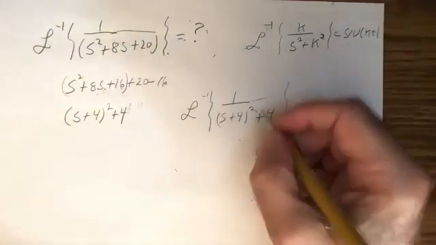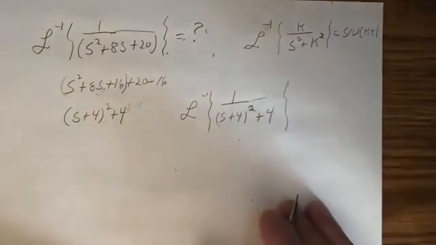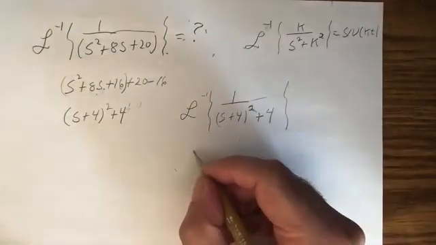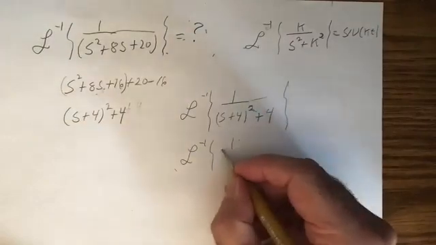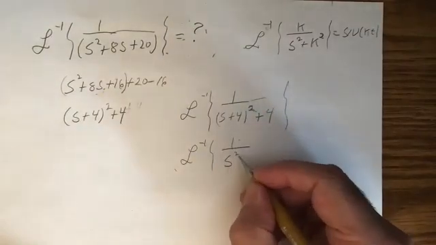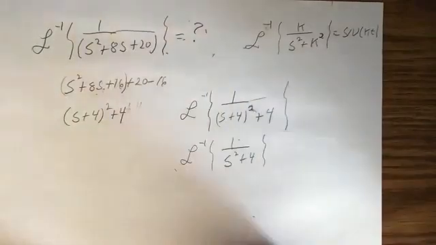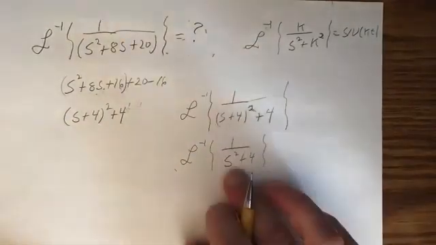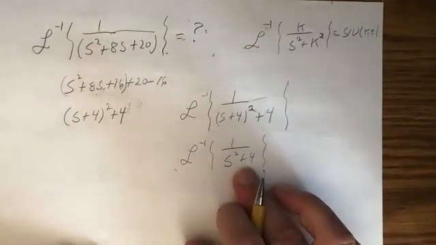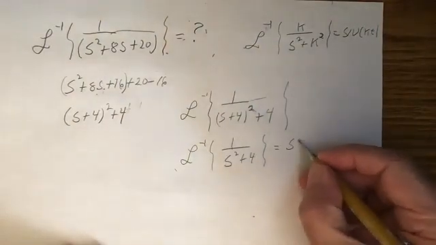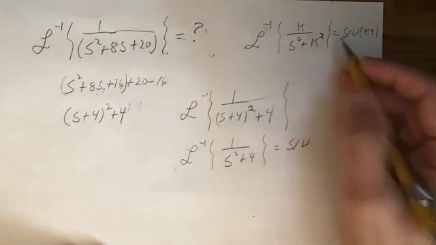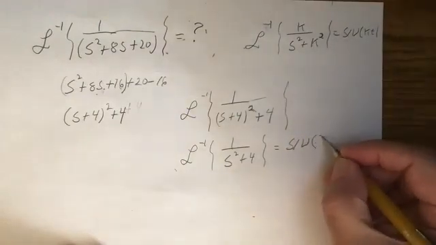I think you see it. If I just had the inverse Laplace transform of 1 over s squared plus 4, forget about this shift for a moment, this would be the sine of 2t.